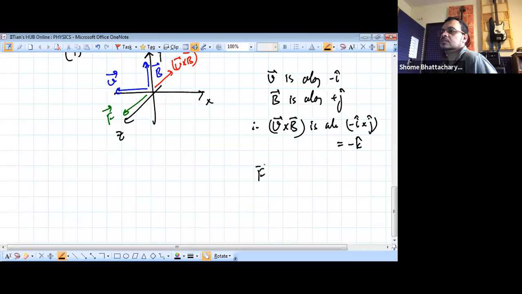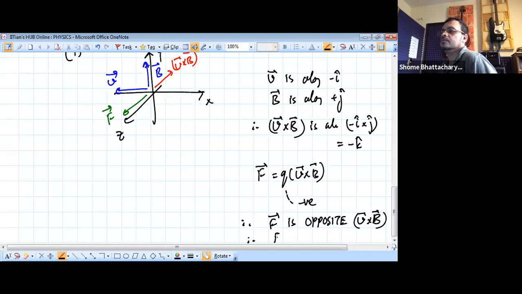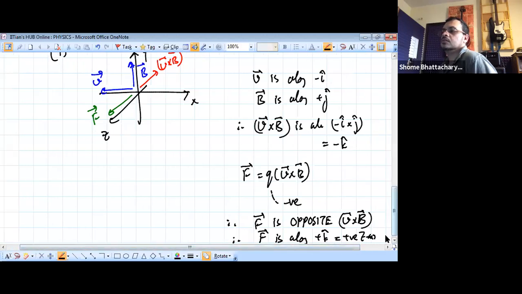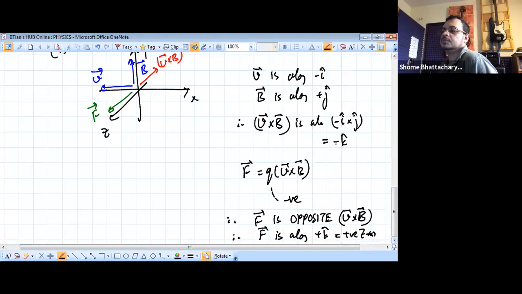Now, F is q into v cross B, where q is negative now. Therefore, F is opposite to v cross B. Therefore, F is along plus k cap or positive Z axis. Okay, is it clear, people?